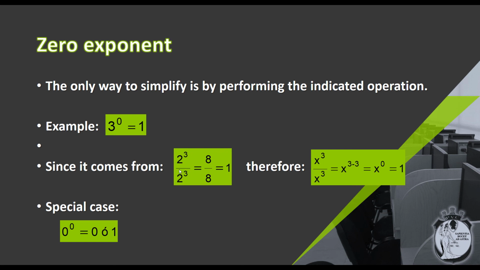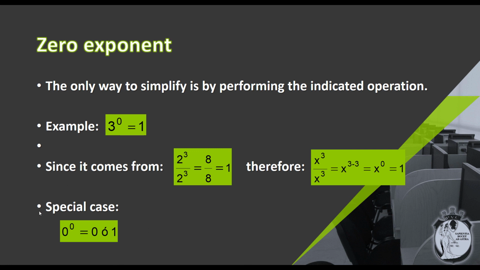For example, 2 cubed divided by 2 cubed. 2 cubed is equal to 8 and 2 cubed is equal to 8. 8 divided by 8 is equal to 1. And you can apply that: remember it's the same base, you can subtract, 3 minus 3 is equal to 0, and it's equal to 1.